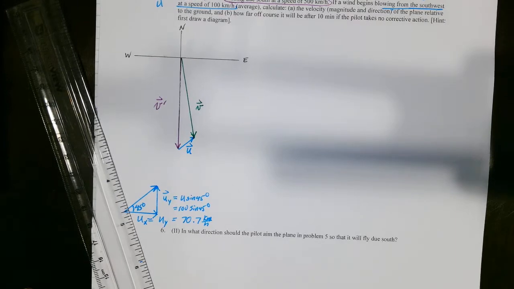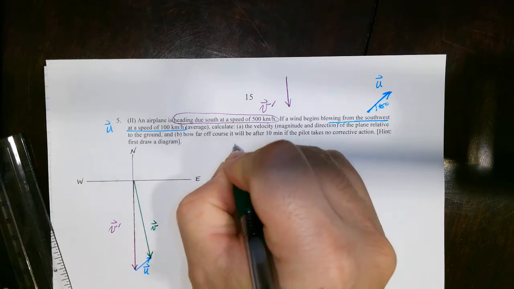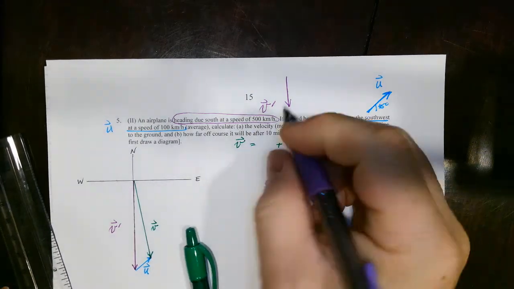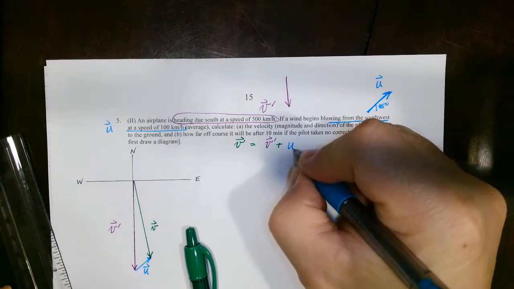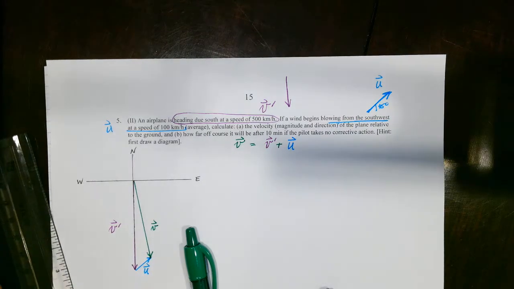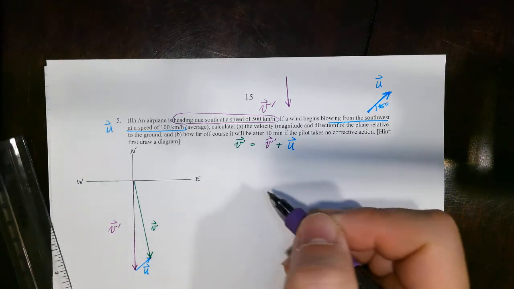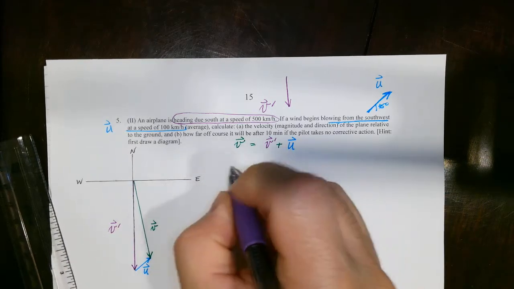So we can basically say still the same thing. V is equal to V prime plus U. Instead of using any other subscripts, I think this is probably the easiest way to view things. Okay? So if we could find the V prime and U in terms of X and Y components or Cartesian form, V prime is pretty easy, right?